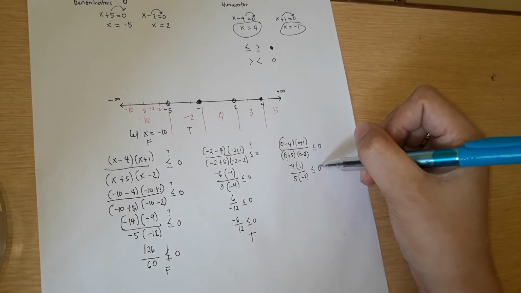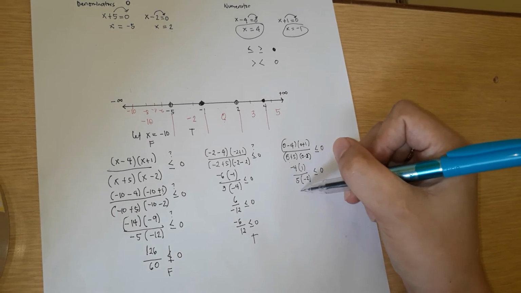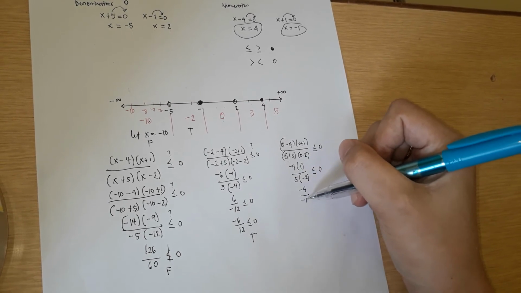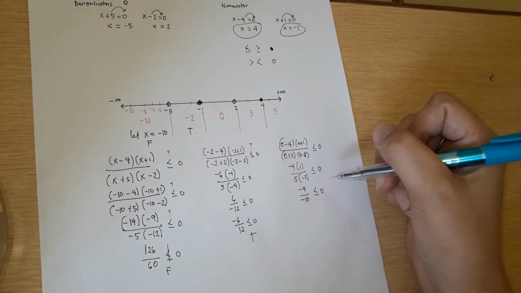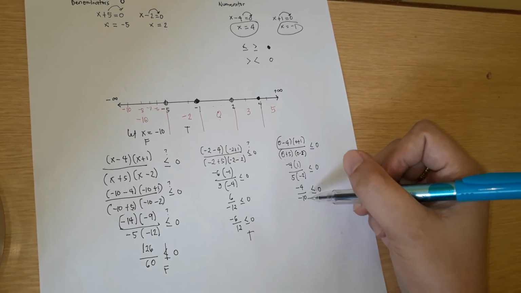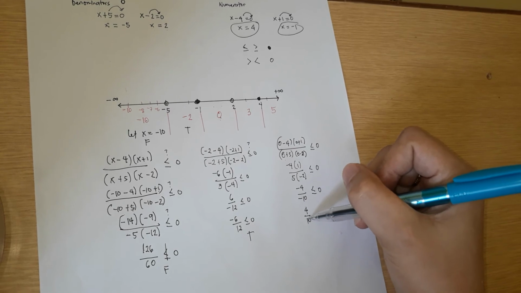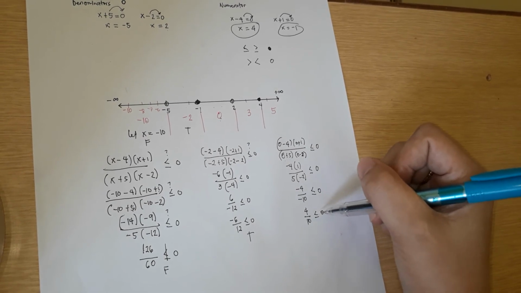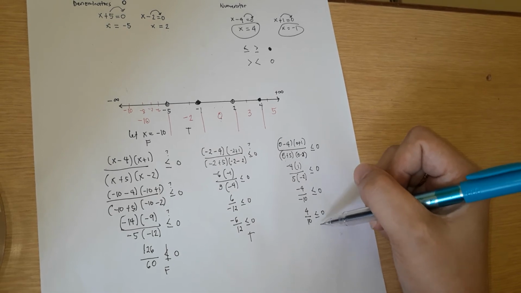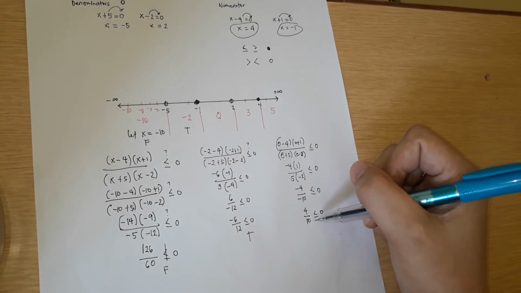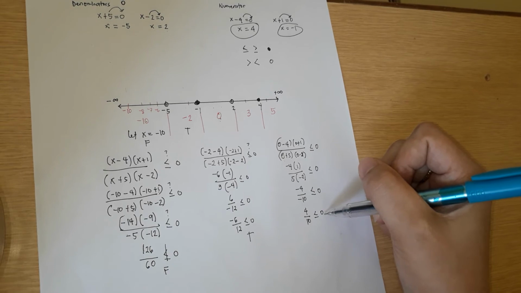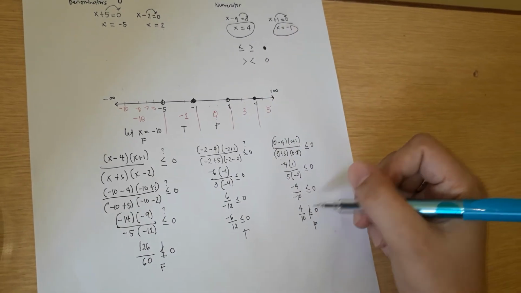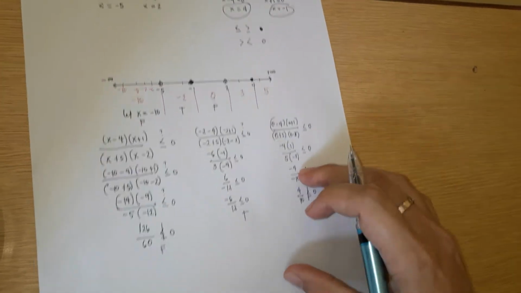Negative 4 times 1, negative 4. 5 times negative 2, negative 10. Negative, magiging positive. 4 over 10, is it less than or equal to 0? True or false? Ang positive ba is mas maliit sa 0? That's false. So, false. Next, x is equals to 3.